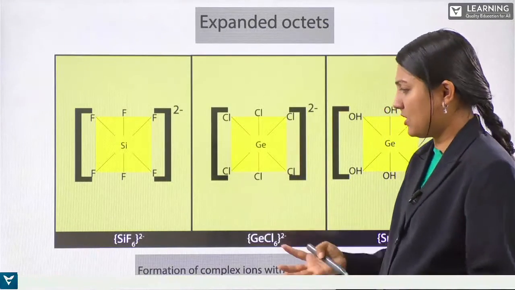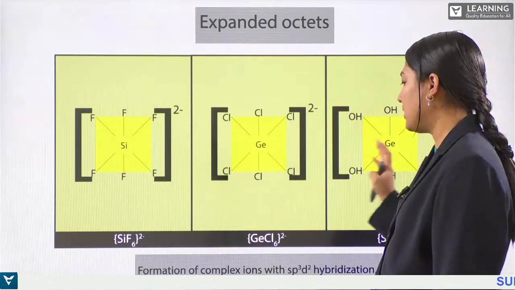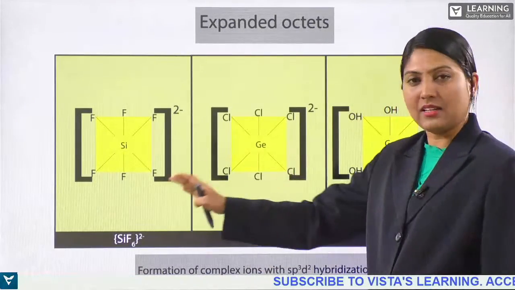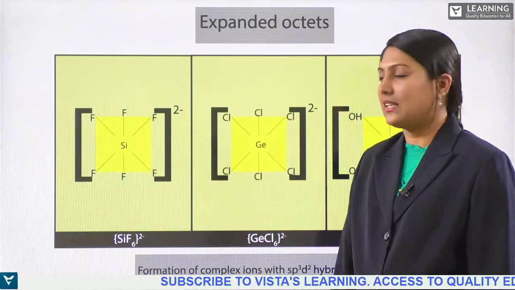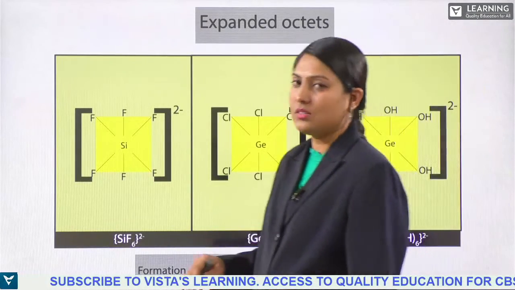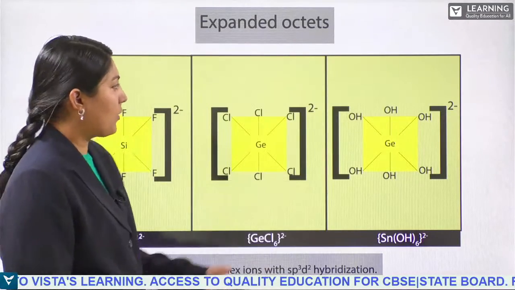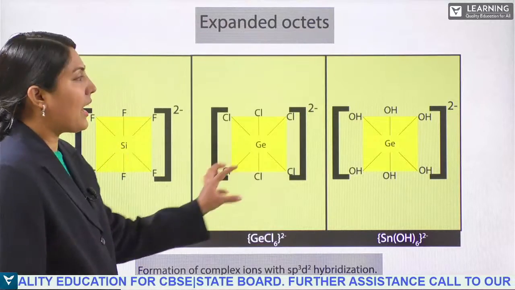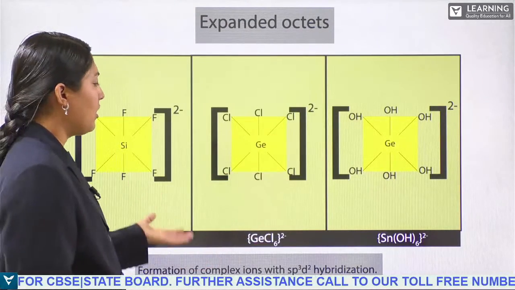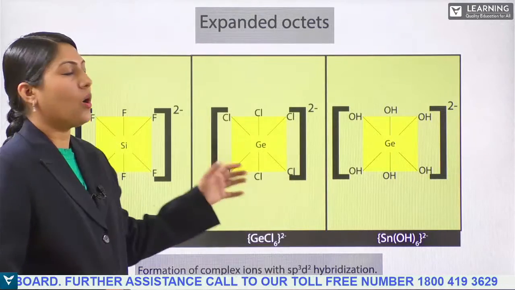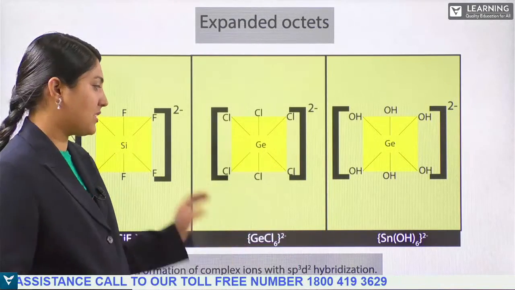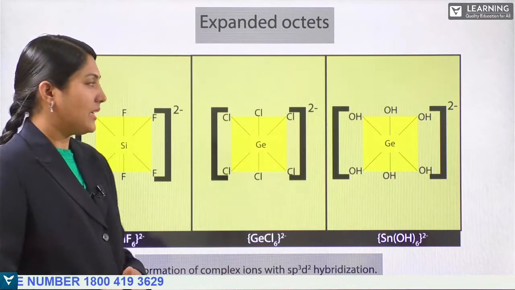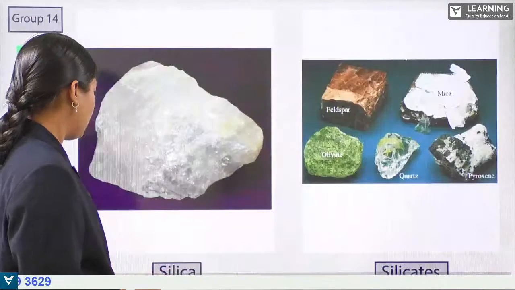So we cannot have the extension, as we see for these complexes with sp3d2. As I said, hexafluorosilicate and hexachlorogermanium, whereas we have hexaaqua stannous. So these have the extension with their oxidation number, because they all have d orbitals, whereas for carbon it is not possible because carbon doesn't have d orbital in the outermost shell.